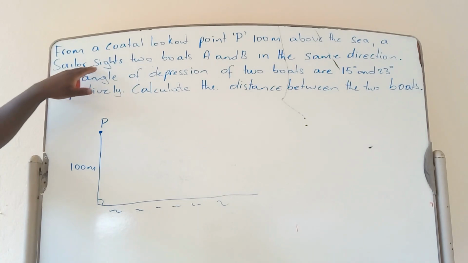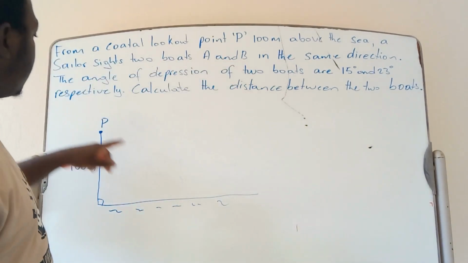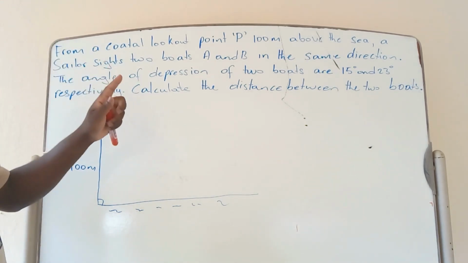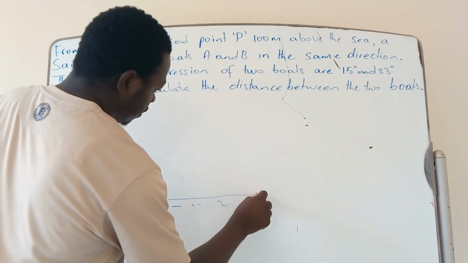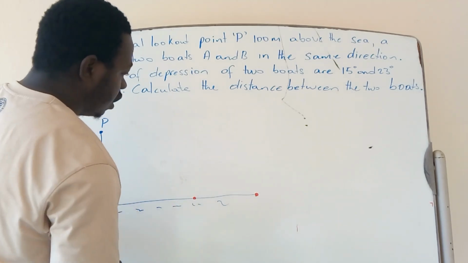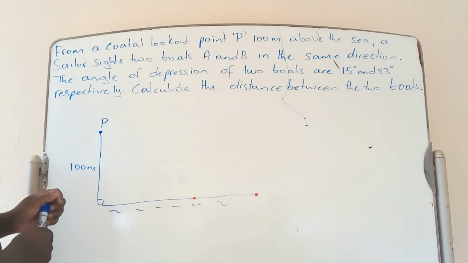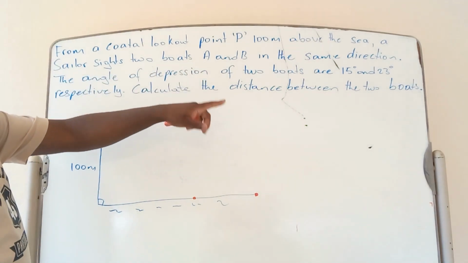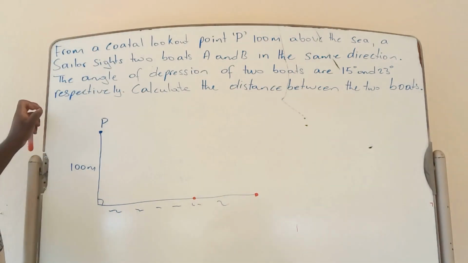We know that the sailor sighted two boats A and B, right? So from this point he sights two boats A and B in the same direction, right? So let's say that this is one boat, this is where one boat is, this is where another boat is. The angle of depression of the two boats are 15 degrees and 23 degrees respectively.